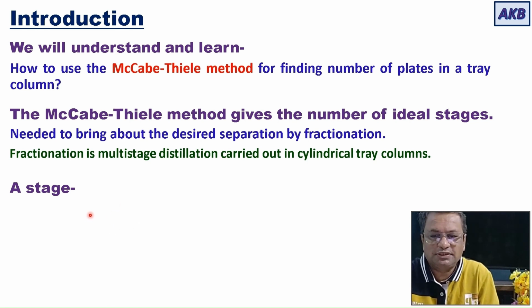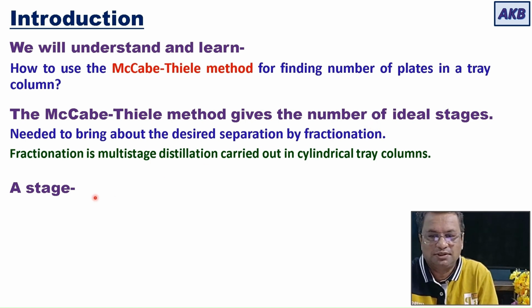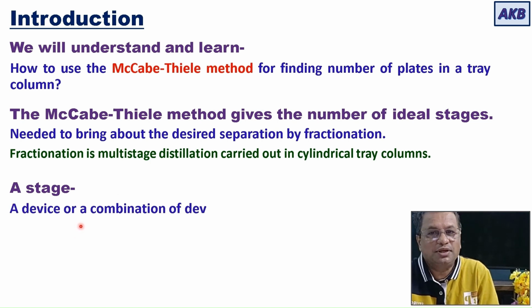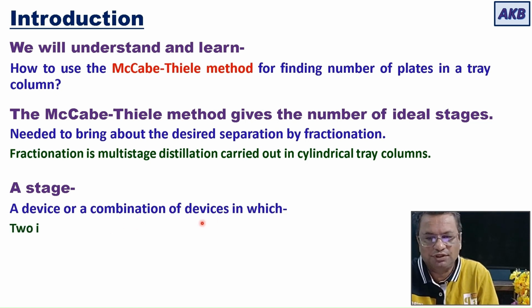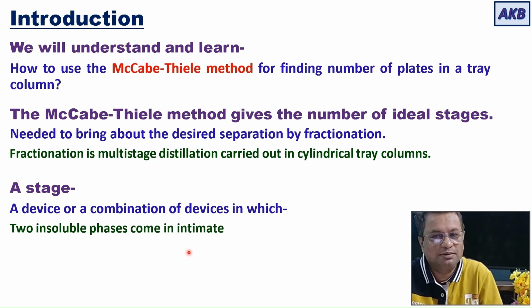Now let us understand what a stage is before knowing what an ideal stage is, because the McCabe Thiele method is going to give the number of ideal stages. So let us first understand a stage. A stage could be a device or a combination of devices in which two insoluble phases come in intimate contact with each other.